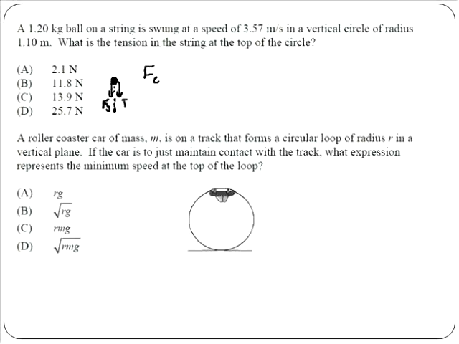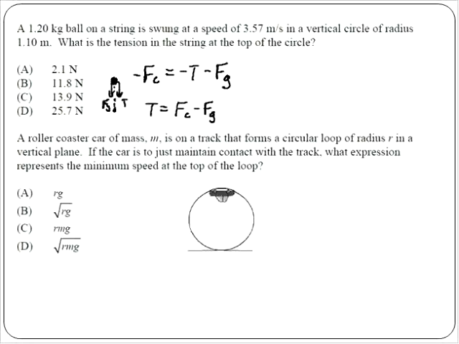So Fc, which is net force, is negative because it's down. The tension is negative because it's down, and Fg is negative because it's down. If I rearrange that, I get this expression. T equals Fc minus Fg.